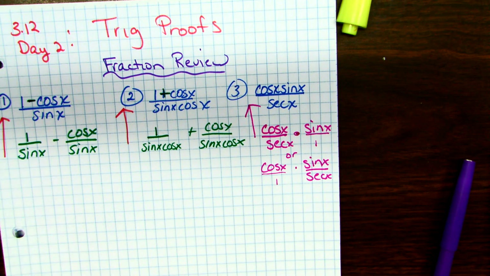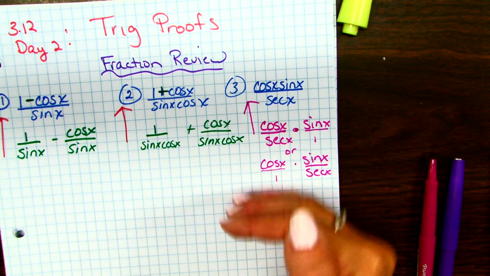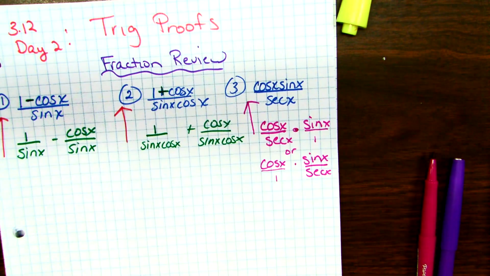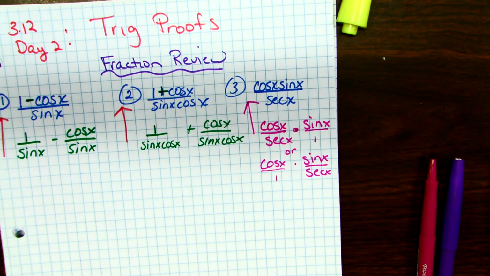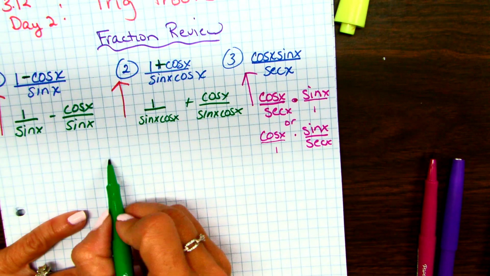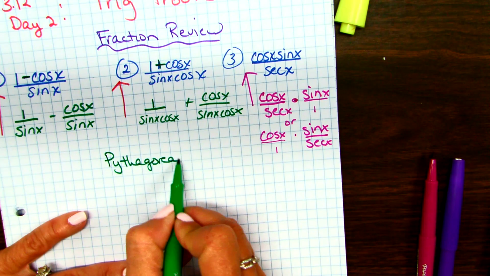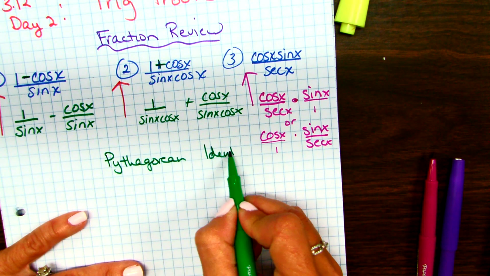You could do either, whichever makes more sense in the problem you're working on. But the common mistake there would be to give both of them secant. That wouldn't be true, because if both had a secant, it would be secant squared when I multiply the denominator. So notice the differences there. Okay? Next, I just want to remind you of the Pythagorean identities.